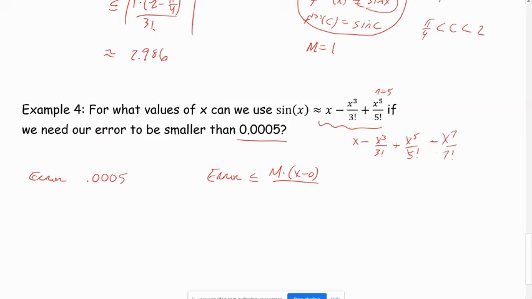So we could actually say that n equals 6, because n equals 6 and n equals 5 give us the same series.